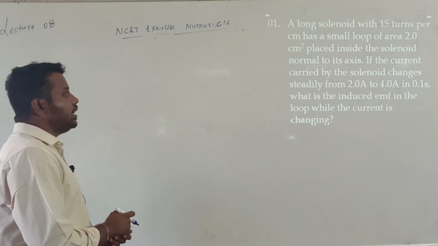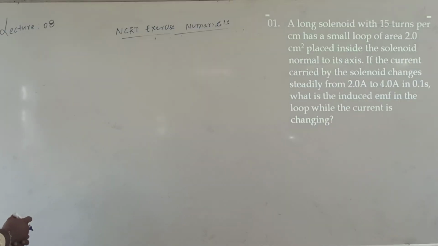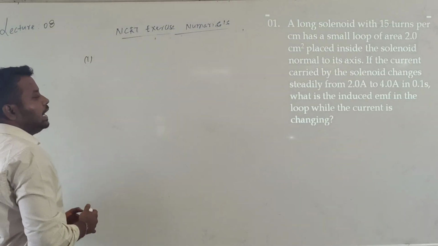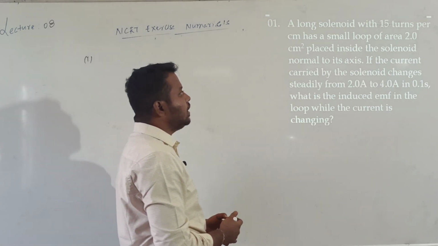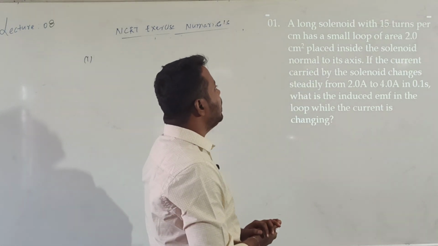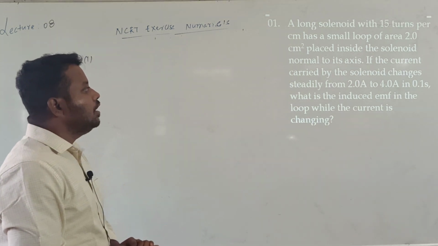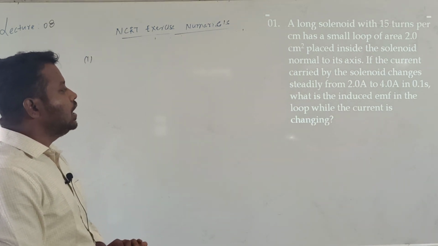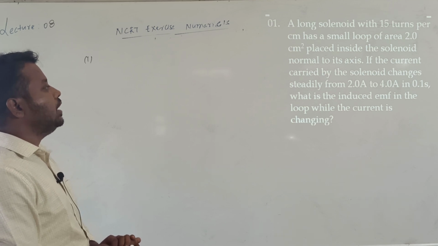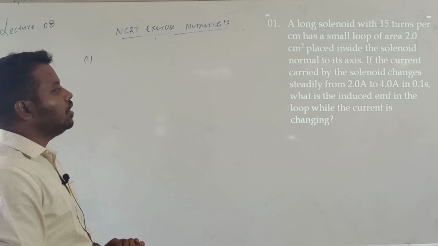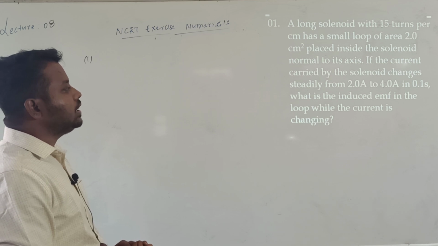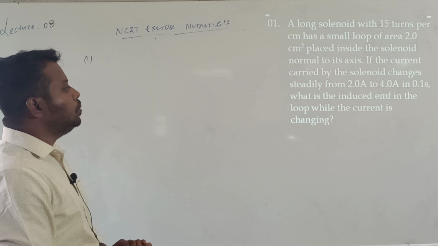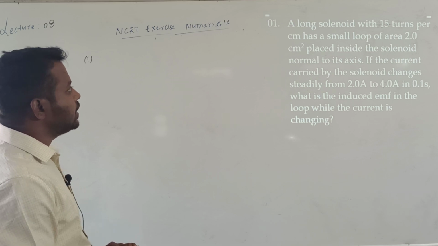The question is: a long solenoid with 15 turns per centimeter has a small loop of area 2 centimeter square placed inside the solenoid, normal to its axis. The current carried by the solenoid changes steadily from 2 amperes to 4 amperes in 0.1 second. What is the induced EMF in the loop while the current is changing?